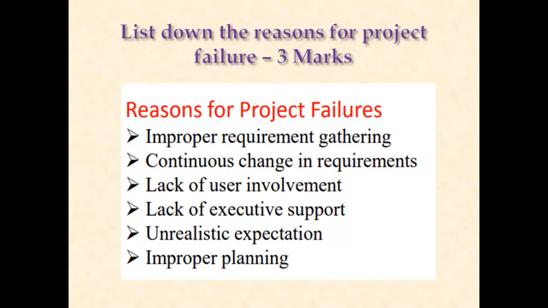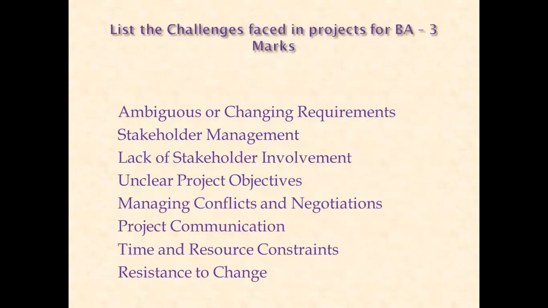It is not connected to any case study or anything. Okay. Now, what are the challenges faced by a BA in a project? So here: changing requirements, lack of stakeholder involvement, unclear project objectives, conflicts and negotiations, communication. So basically, there are many challenges. However, there are a few of the challenges that we have listed down, guys.